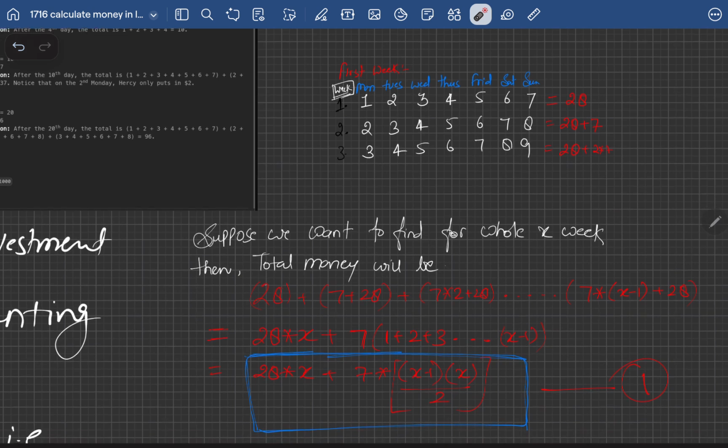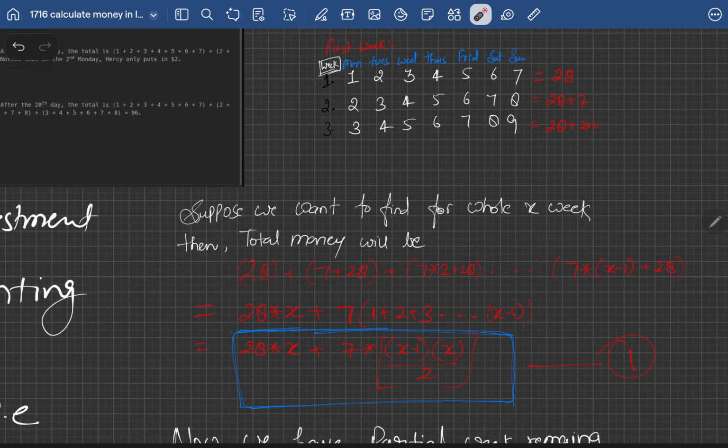Then the total money will be 28 for the first week, 7 plus 28 for the second week, 7 into 2 plus 28 for the third week, 7 into 3 plus 28 for the fourth week, and similarly for the xth week it will be 7 into (x minus 1) plus 28.